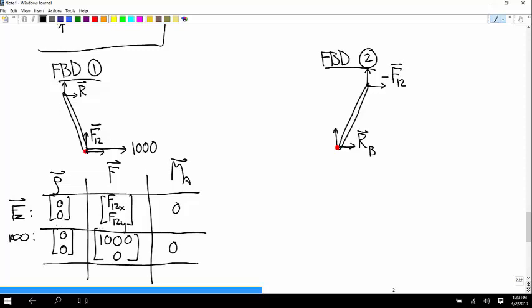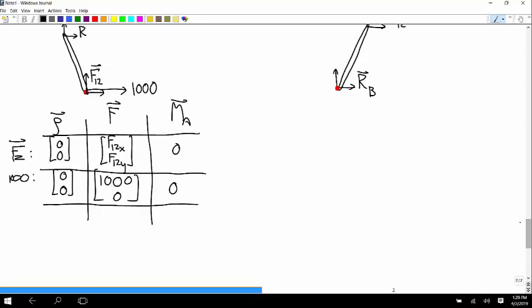And then up at the top, what are the cosine and sine of 5 degrees? 0.087 and 0.996. And the force vector is Rx, Ry.